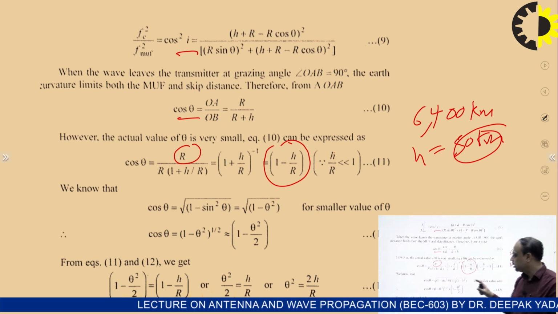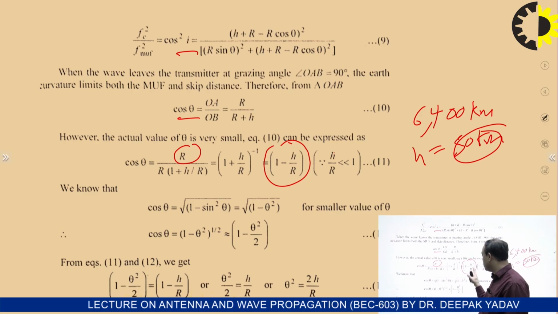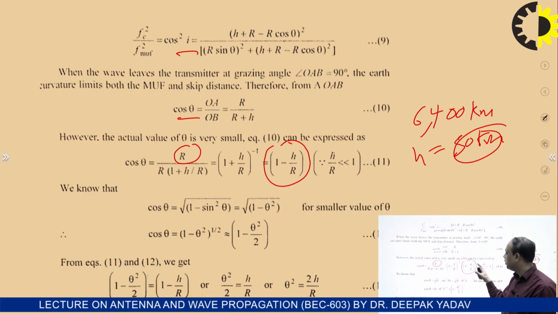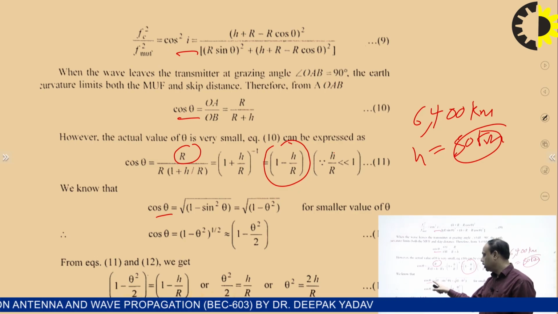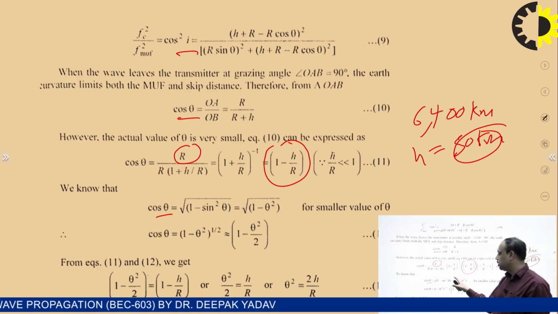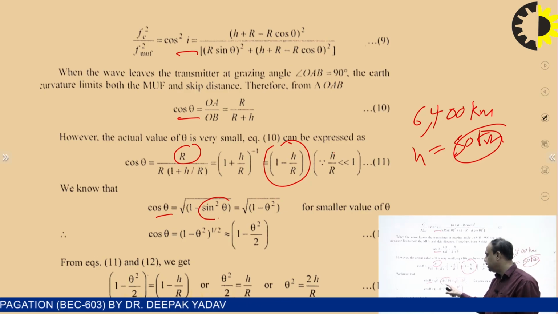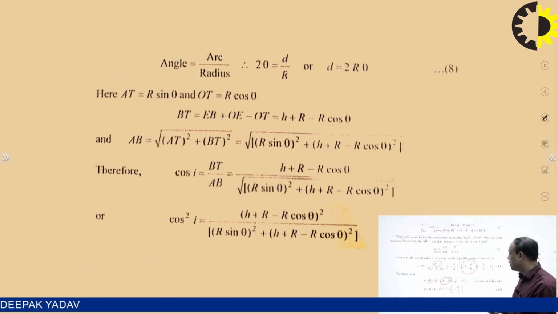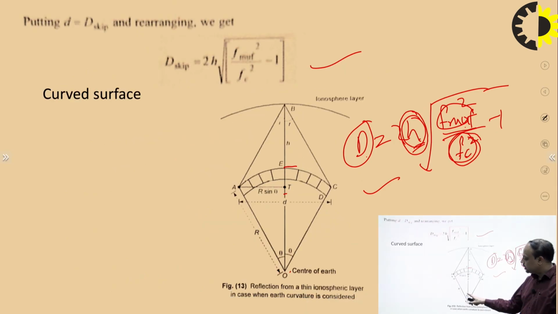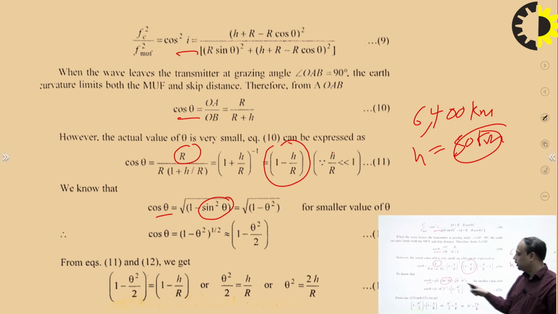Or this can also be written, h by R is nothing but sin theta, then cos theta is equal to under root 1 minus sin square theta. As the theta angle is very small, because the skip distance is very small compared to the radius of the earth, the angle made here is very small. So sin theta is again very small, and sin theta is nothing but theta.